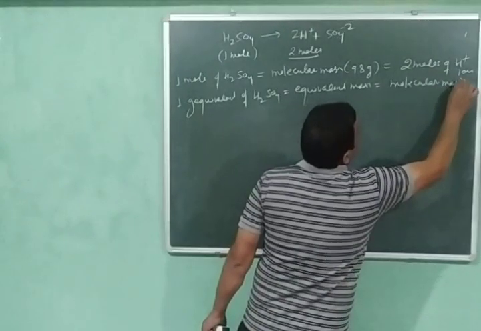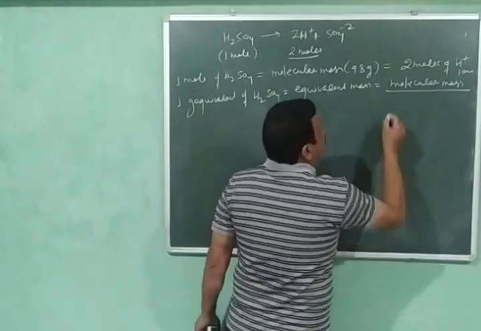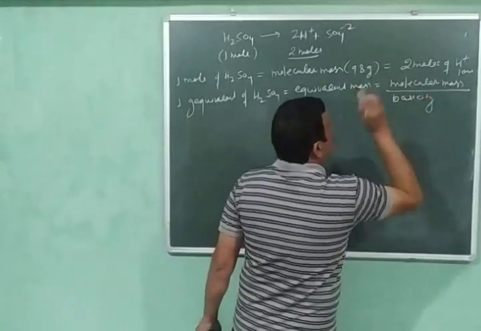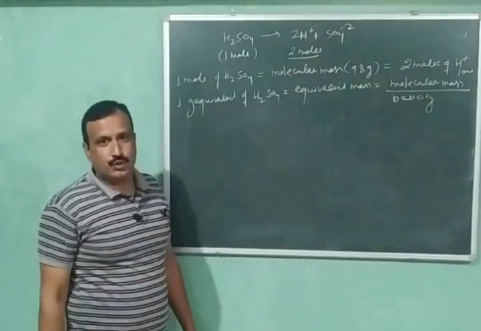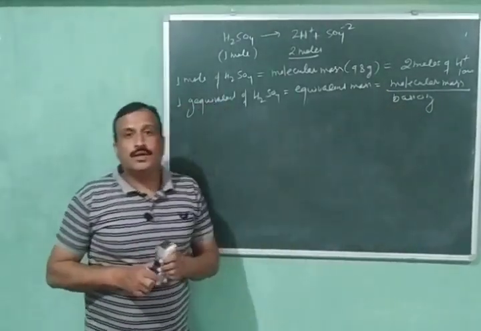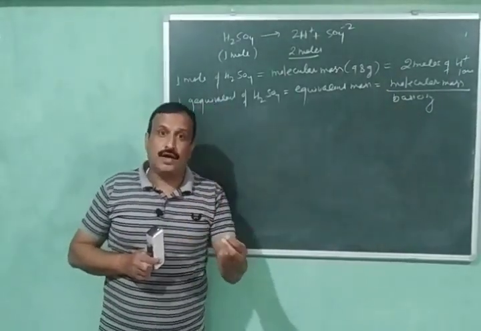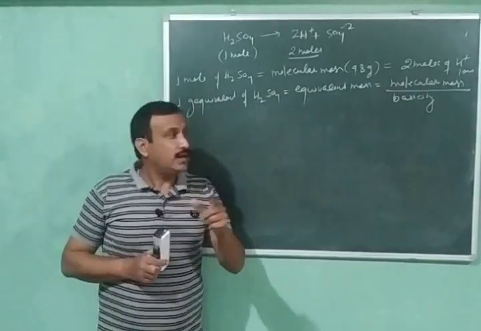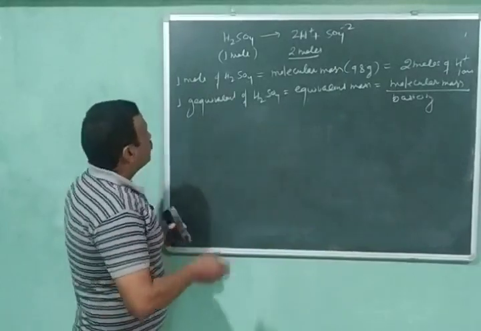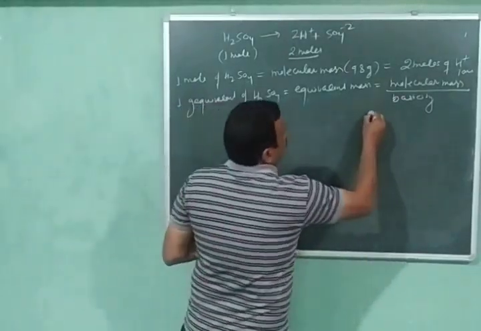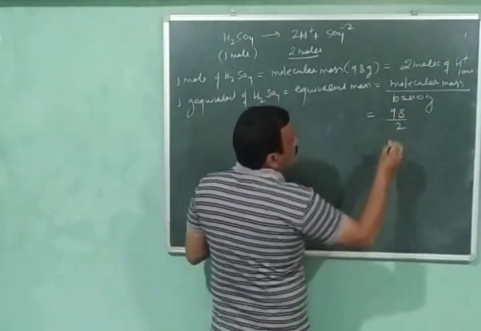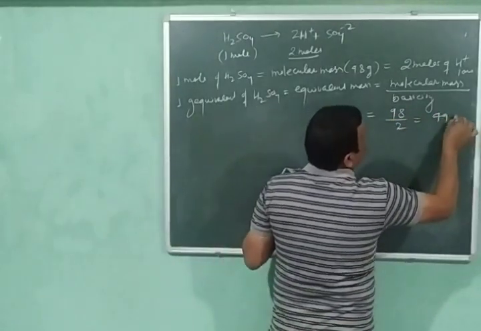Its equivalent mass will be equal to its molecular mass divided by its basicity. And what is basicity? Basicity is the number of H positive ions donated by the acid. So here, how many H positive ions is it giving? 2. It is giving 2. So its 1 gram equivalent will be equal to 98 divided by 2, and it will be equal to 49 grams.